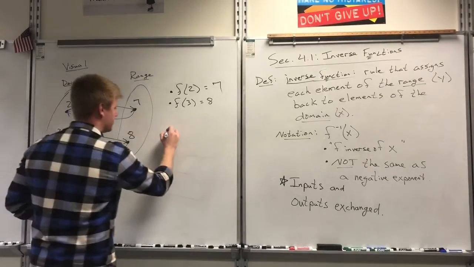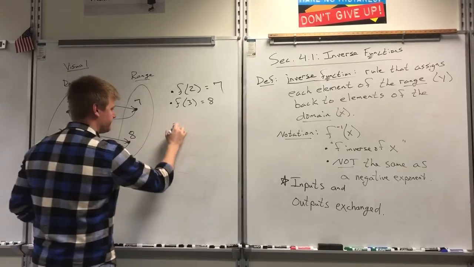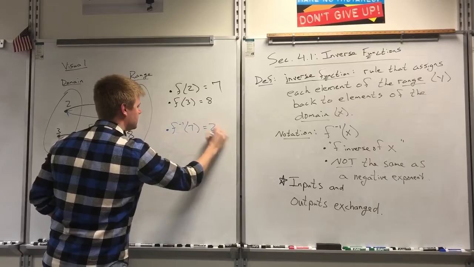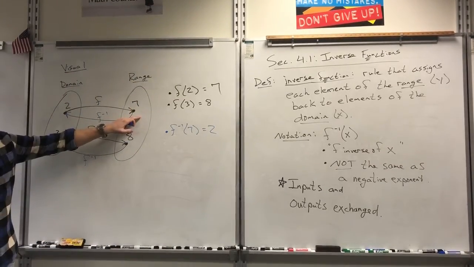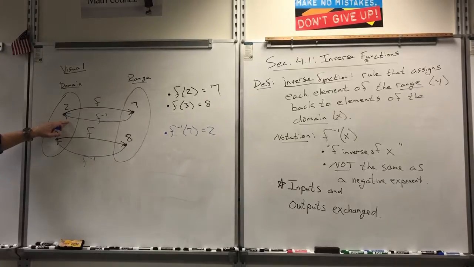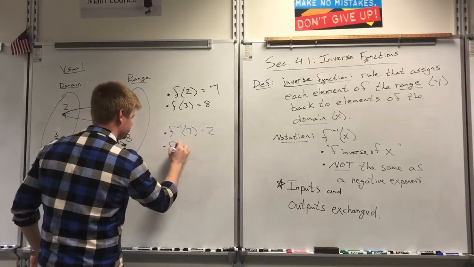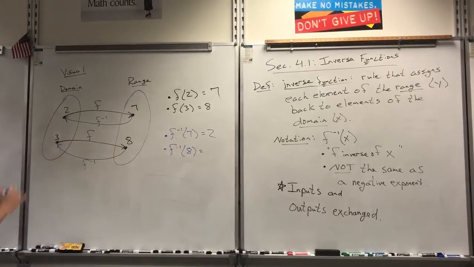So f inverse of 7 is equal to 2: the input of the original y value goes to the original x value of 2. F inverse of 8 maps to the original input of 3.